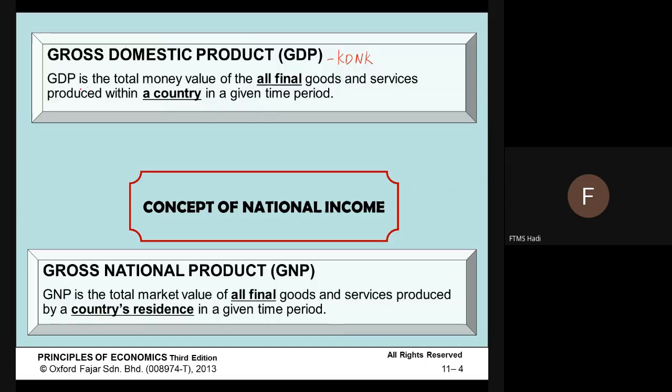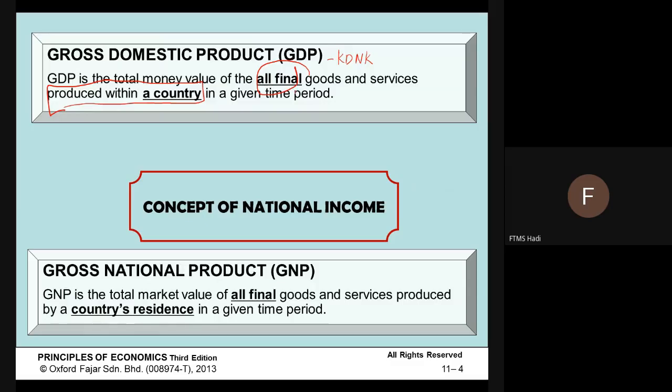It is the total money value of all final goods and services produced within a country in a given time period. That means every good and every service which is already produced and available for sale. Whatever is partially finished, some kind of partial, paruh siap, we cannot count as GDP.